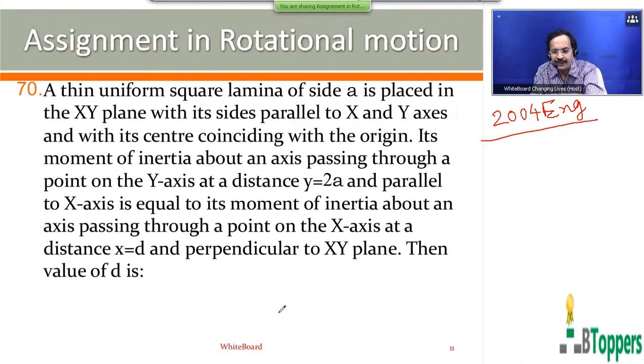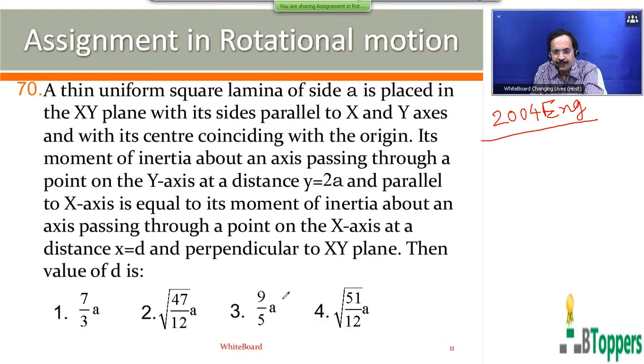And the value of D is, there are 4 options on screen. Come on, take a pause and please finish trying this question. In case you need more time to answer the question, you can take a pause and try this question.